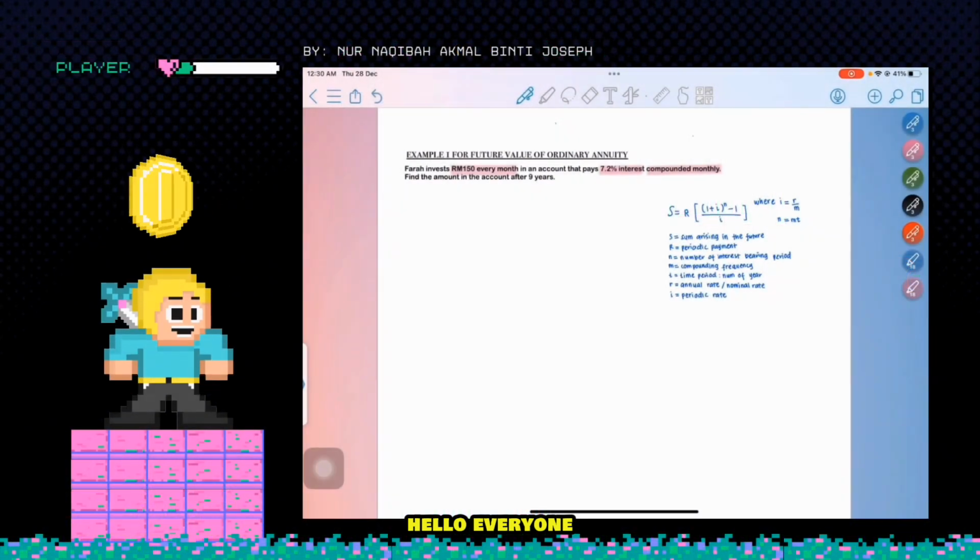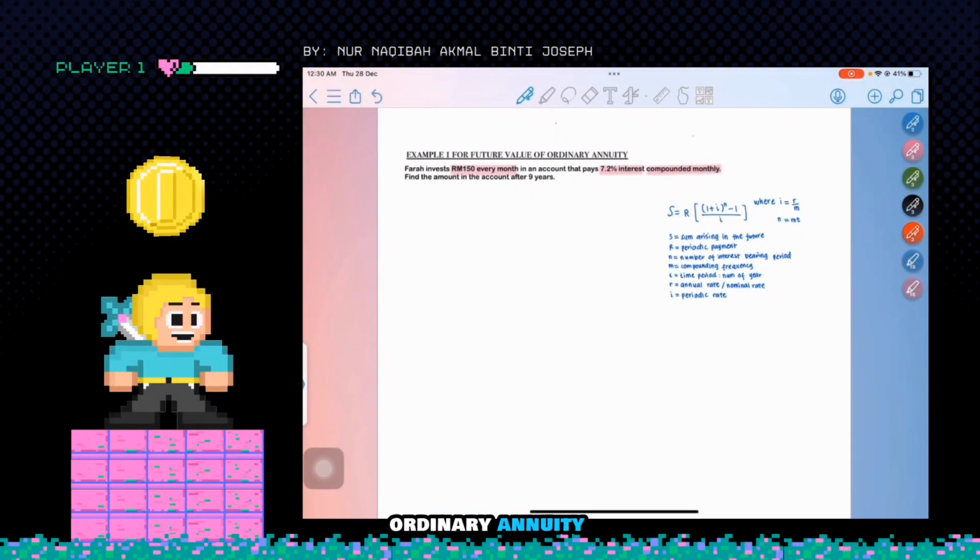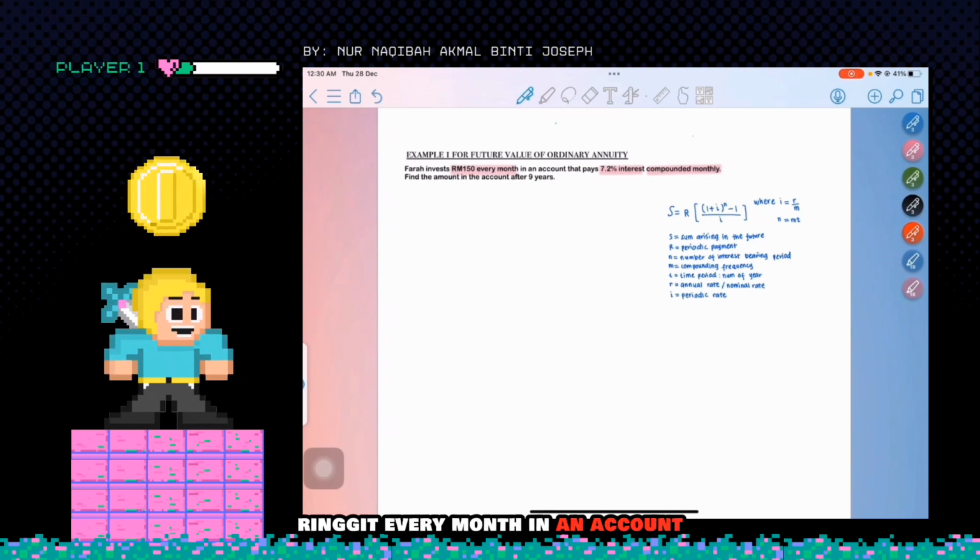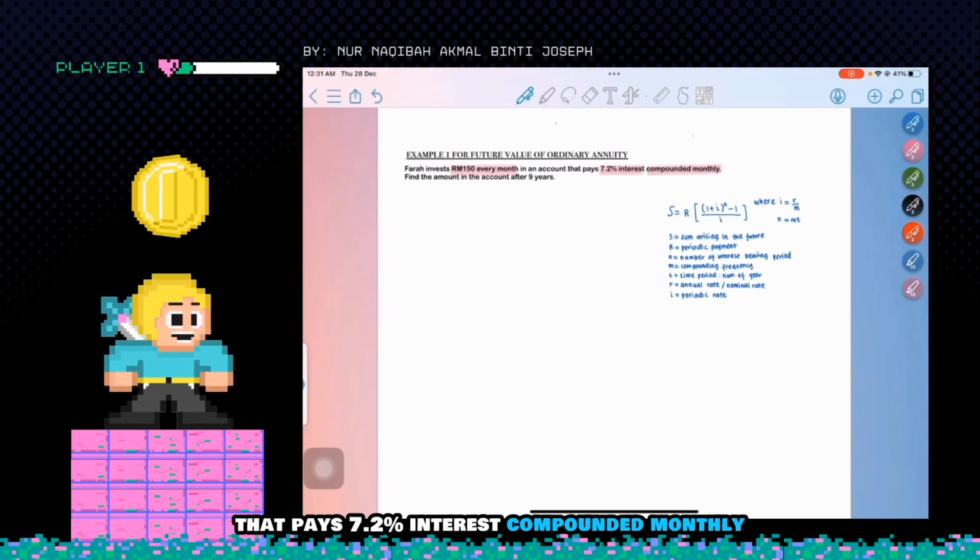Hello everyone, this is example 1 for the future value of an ordinary annuity. Farah invests 150 ringgit every month in an account that pays 7.2% interest compounded monthly.